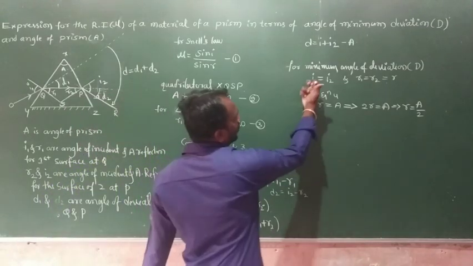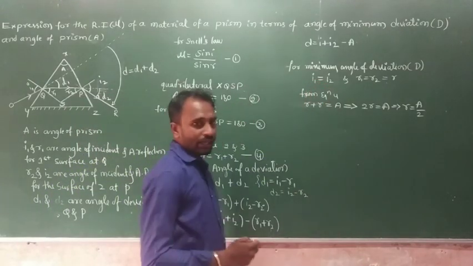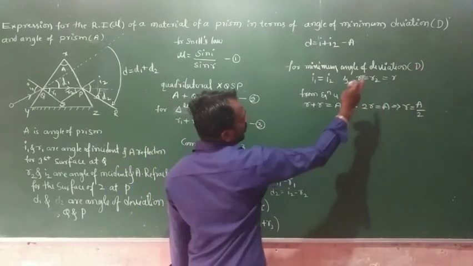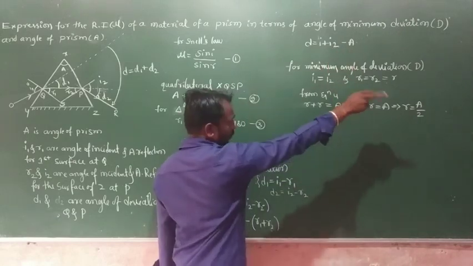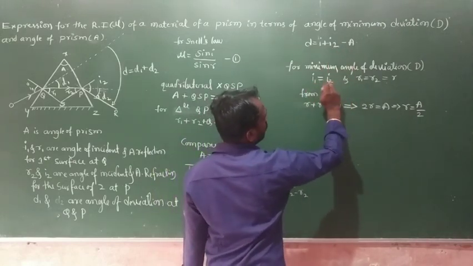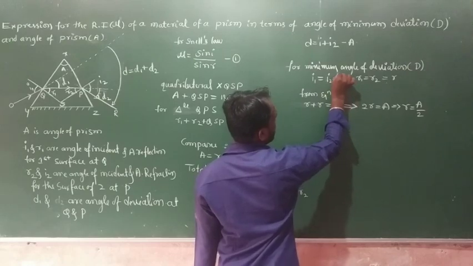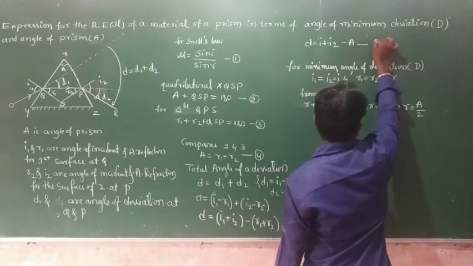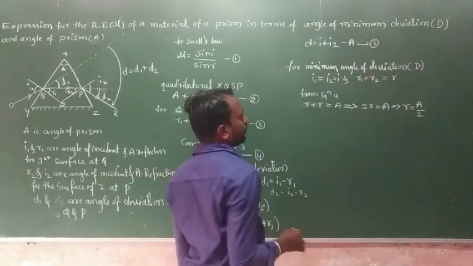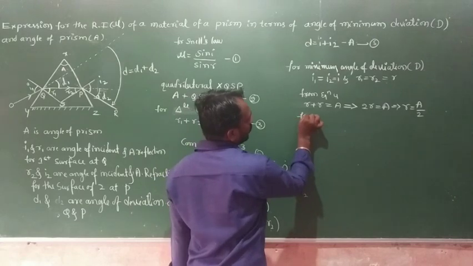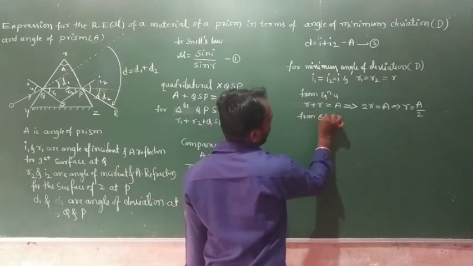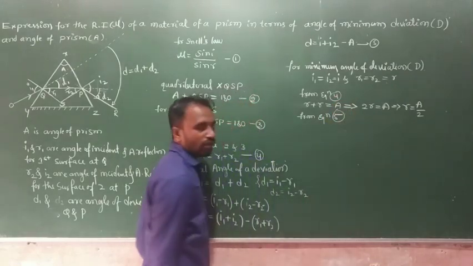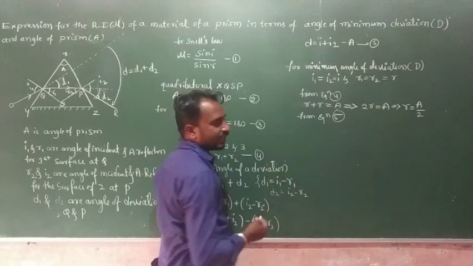Next we want to calculate the I value. Here the minimum angle of deviation we consider as D. At minimum deviation I1 is equal to I2, and we consider it as I. This is equation 5. From equation 5, here capital D is the minimum angle of deviation.